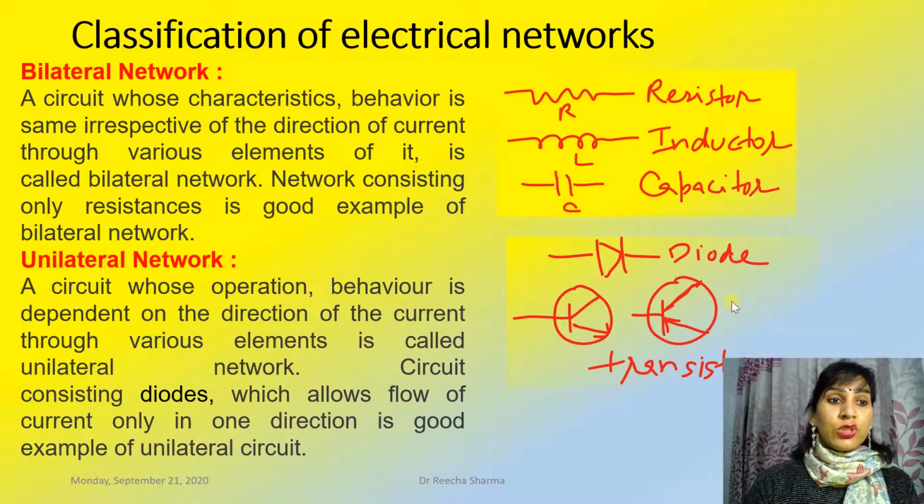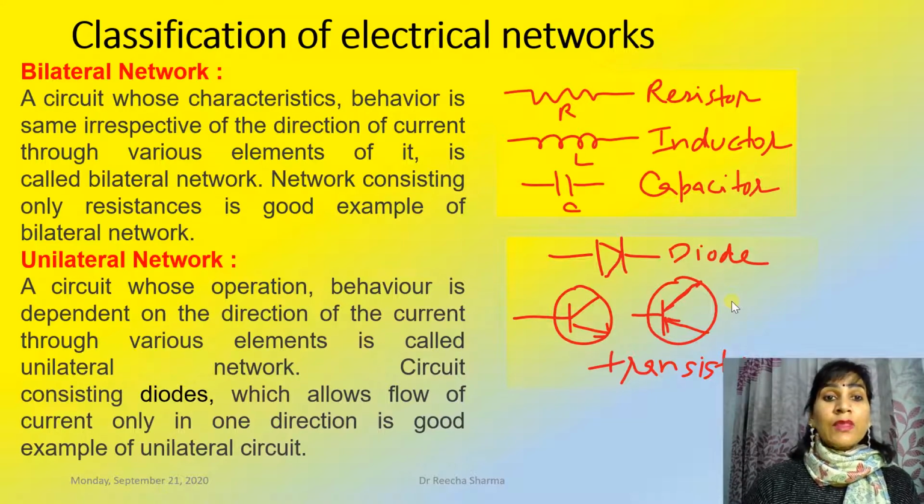Next classification is bilateral network and unilateral network. A bilateral network is a circuit whose characteristic behavior is the same irrespective of the direction of the current through its various elements. A network consisting only of resistances is a good example of a bilateral network.